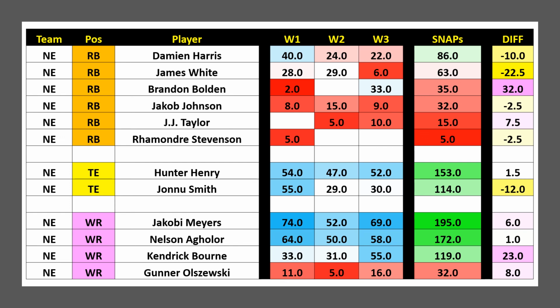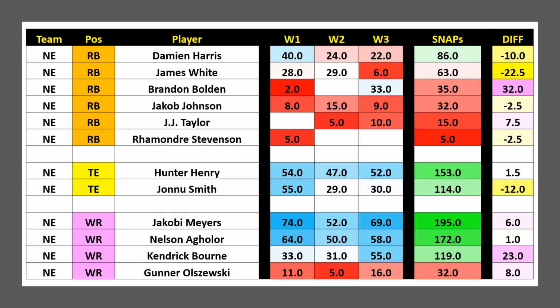Wow. You talk about confusing. If I had a deep bench, I think I'd grab Bolden. Do like that Henry's out-snapping Smith. I have some Henry. I did not take Smith this year, but I do have some Henry, so I'm going to monitor that.